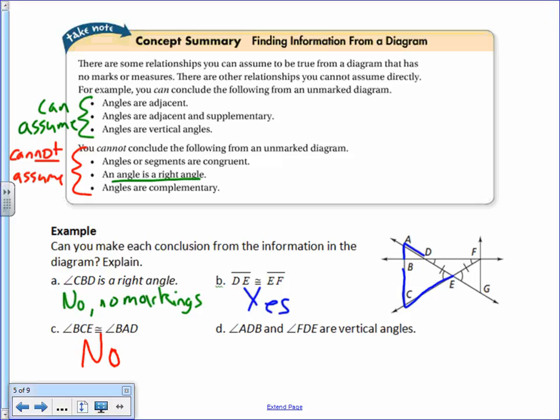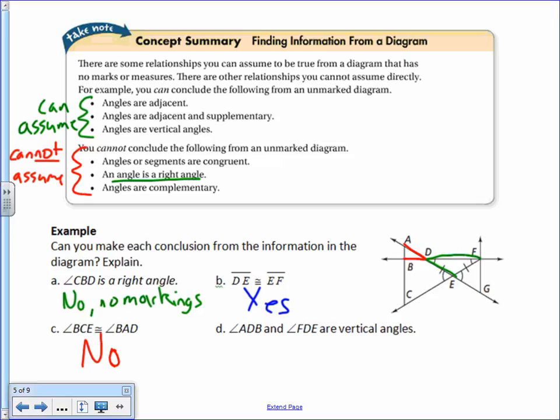And angle ADB and angle FDE, I think I did that right, are vertical angles.